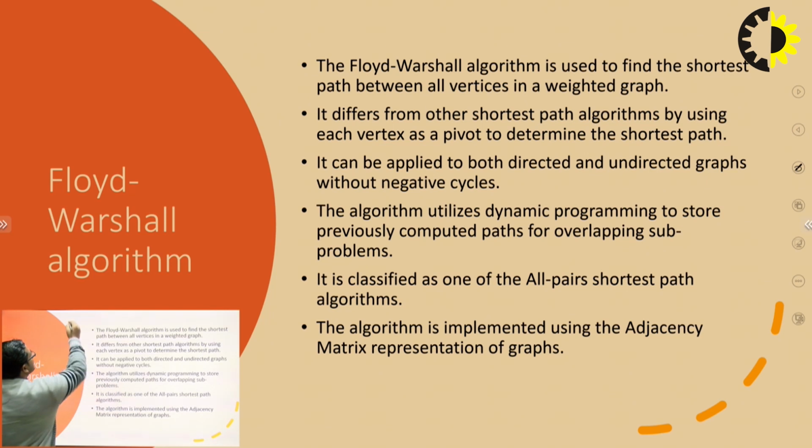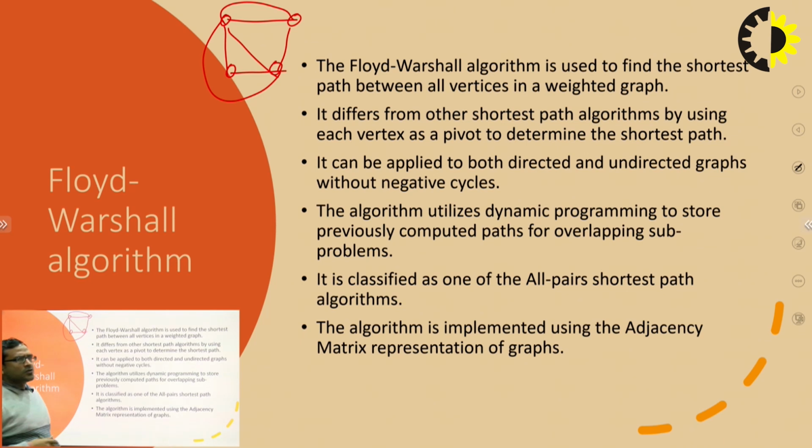So suppose there is a graph with vertices 1, 2, 3, 4, connected to each other like this. We are finding the shortest path. Suppose this is node 1, this is 2, 3, 4. Suppose there is a path from 1 to 2.